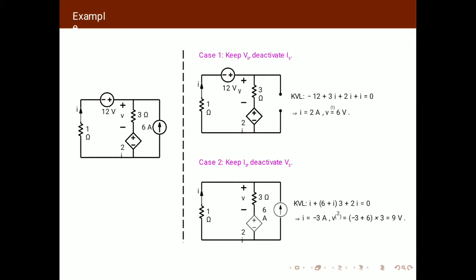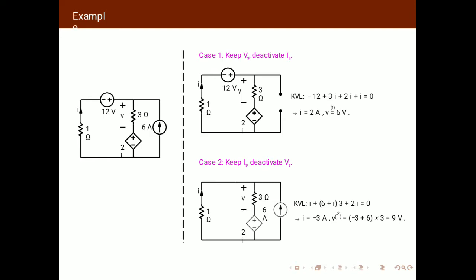What is I here? Minus 3 amps. So 6 plus minus 3 gives 3, and that into 3 is equal to 9 volts. So here we get 9 volts in case 2. So in case 1 we had 6 volts, and in case 2 it is 9 volts.